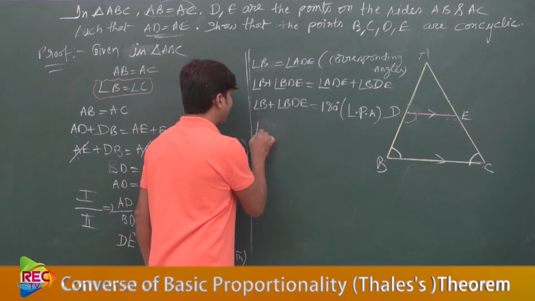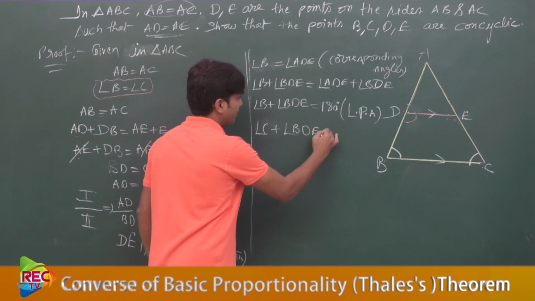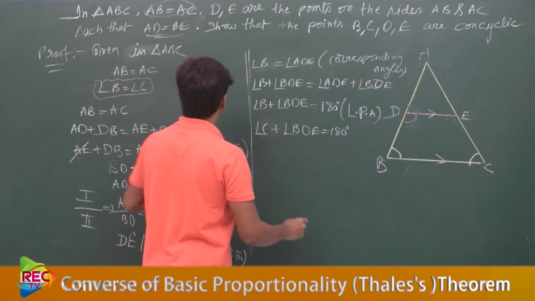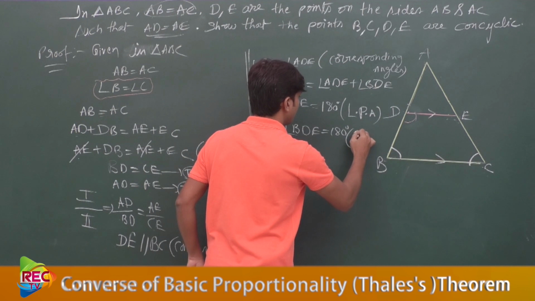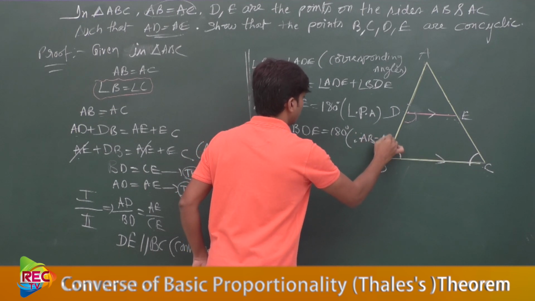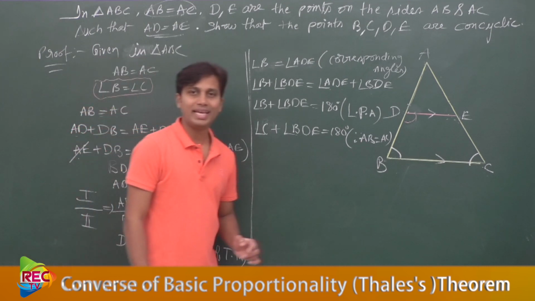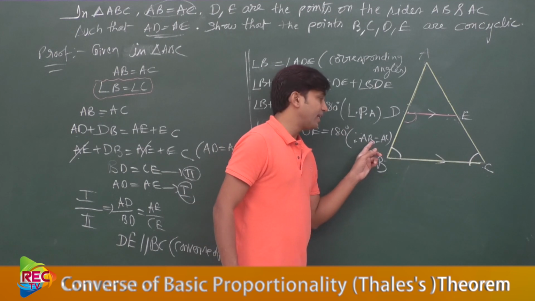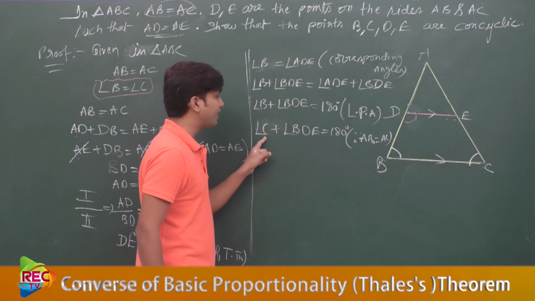Exactly. So angle C plus angle BDE equal to 180 degrees. This is from the given condition: since AB equal to AC, angle B equal to angle C. So we replaced angle B with angle C.